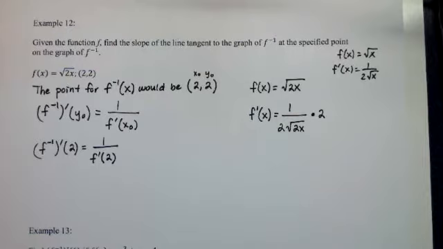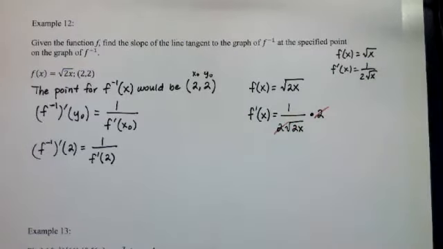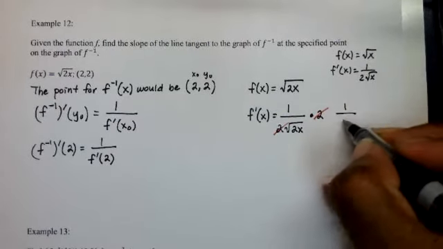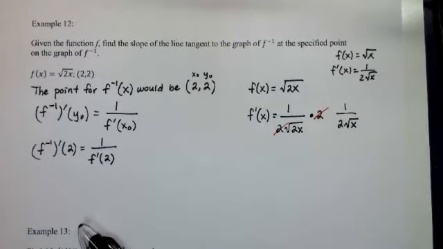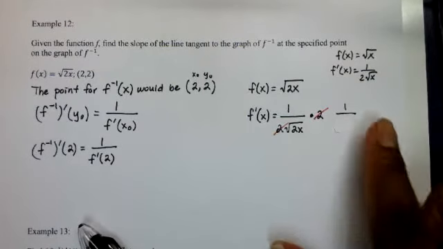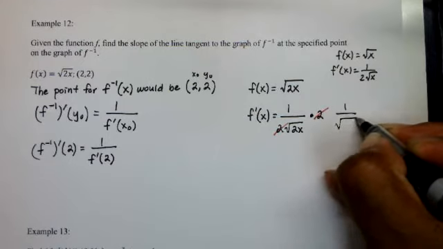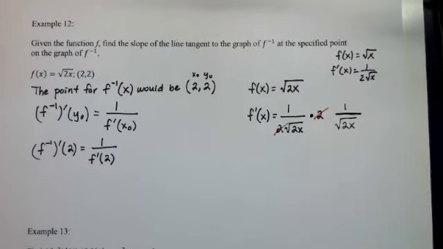And then after that, as you can see, the 2's will divide out, and you will be left with simply 1 over the square root of 2x.